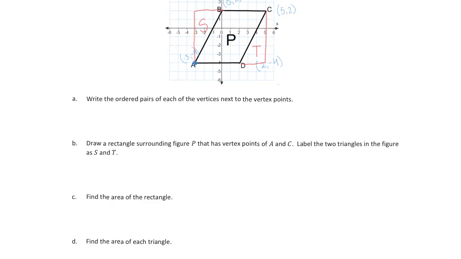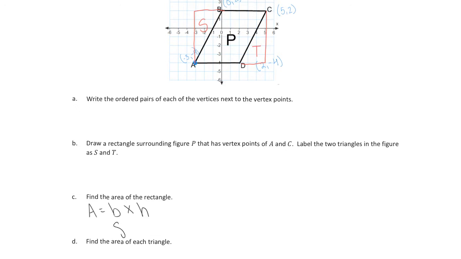What rectangle it's referring to is this one, even when we added our triangles to it. To find the area of a rectangle, we have to have the base times the height. It's the same thing as length times width. So our base here is 1, 2, 3, 4, 5, 6, 7, 8.